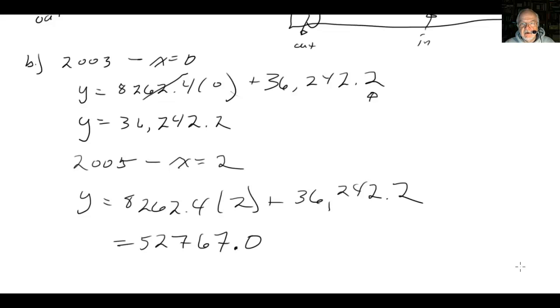And since I've gone a decimal point, I should probably put a decimal point here. All of these things are significant to one decimal point. So that's 1,000 gallons of E85.